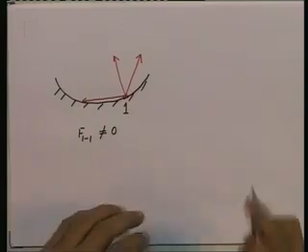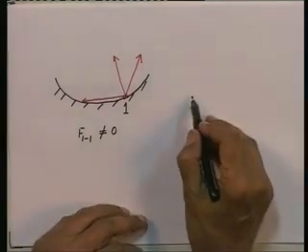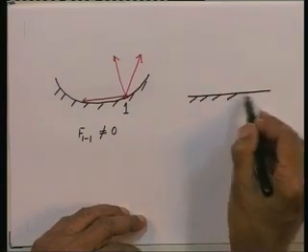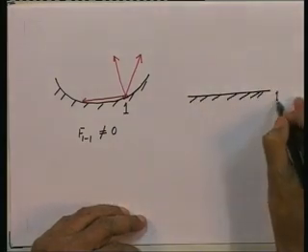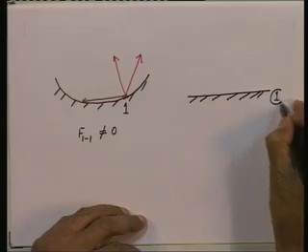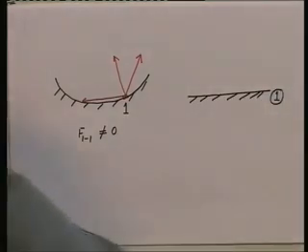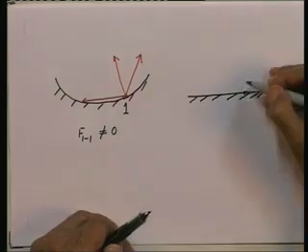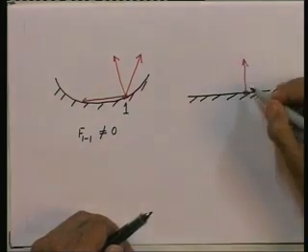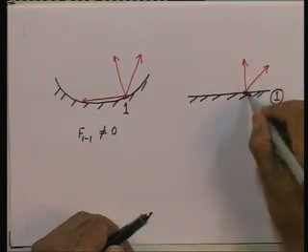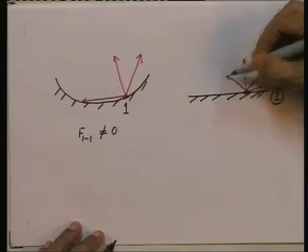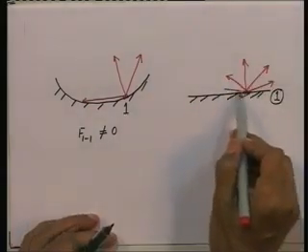On the other hand, if the surface 1 is flat, and I consider radiation emitted from any elementary area on this surface, you will agree with me that radiation emitted anywhere on surface 1 will go out like this and will not be intercepted by 1.